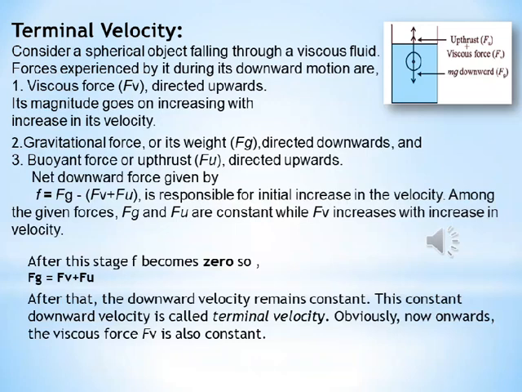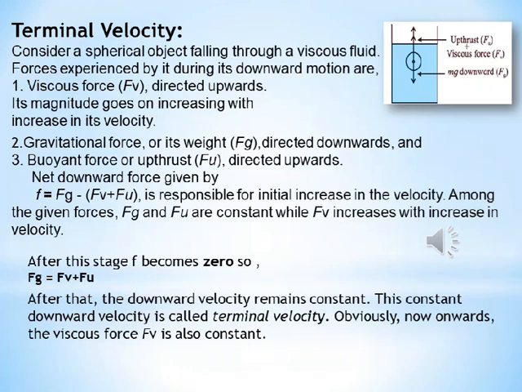So there are three forces acting in this case. The first force is viscous force, which is due to the fluid inside the container, and it changes with the layer of the fluid as the spherical body moves inside it.